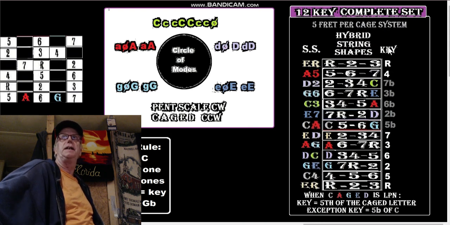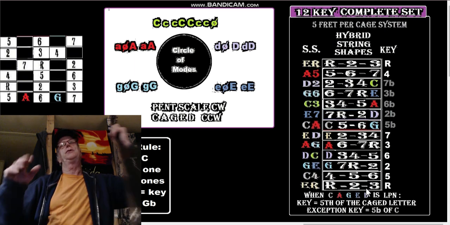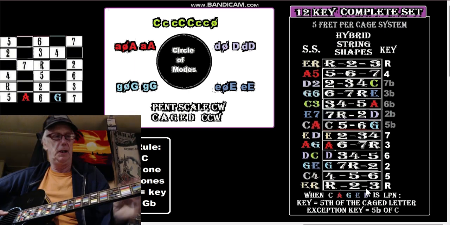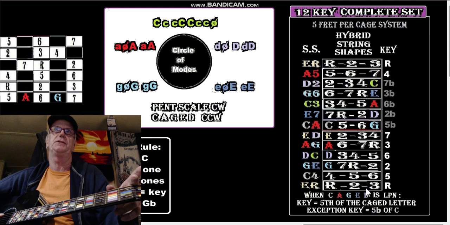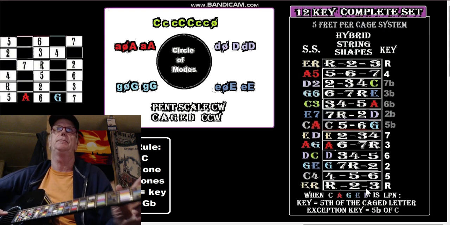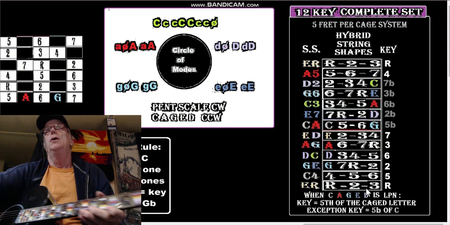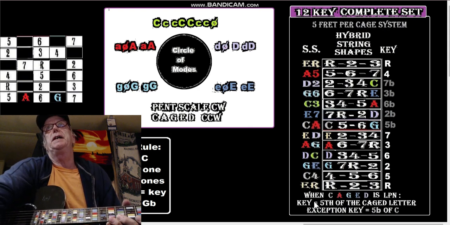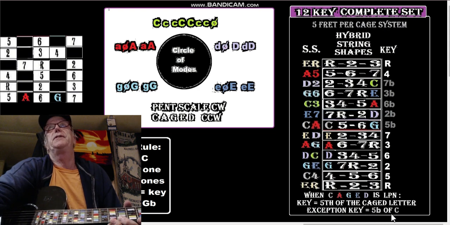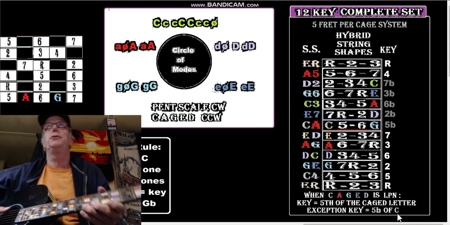This is the key, this is the string shape. You can start and do this whole thing from the bottom. I'm down C tuned, the low string is a C. When CAGED is the low string, key equals fifth of the CAGED letter, except key equals 5 flat of C. That's probably true, but I can't really wrap my head around this.